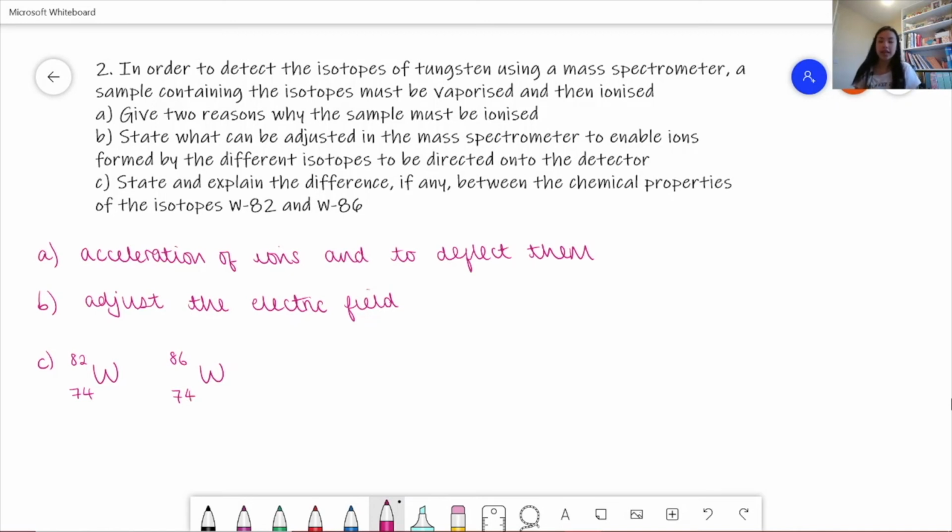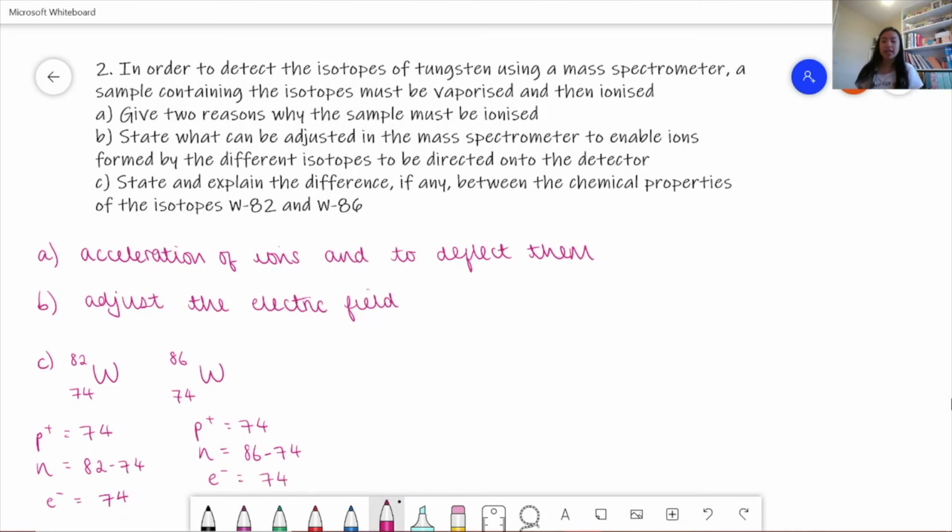And so for this 82, we have that the protons is equal to 74 and the neutrons are equal to 82 minus 74. And then the electrons are the same as the atomic number, so we have 74 electrons. Whereas when we look at the tungsten 86, we have that the protons are equal to 74, and then neutrons, this time we have 86 minus 74, and then the electrons, we also have 74.